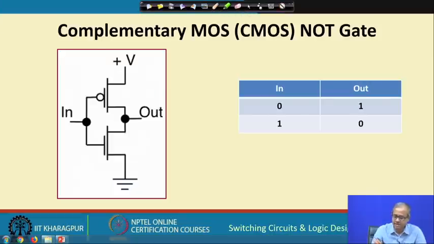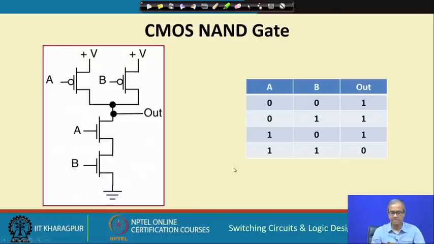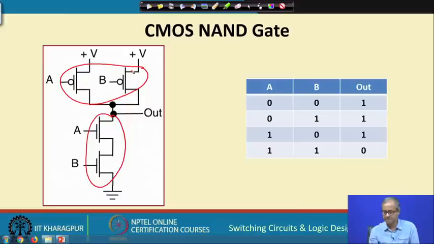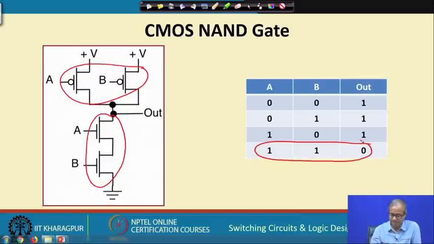Other kinds of gates are also fairly easy to build. Let us say a NAND gate. A NAND gate will require 4 transistors as we show in this diagram, 2 N type transistors here and 2 P type transistors here. This is the truth table. Let us consider the last row first, when both the inputs are 1 and 1.